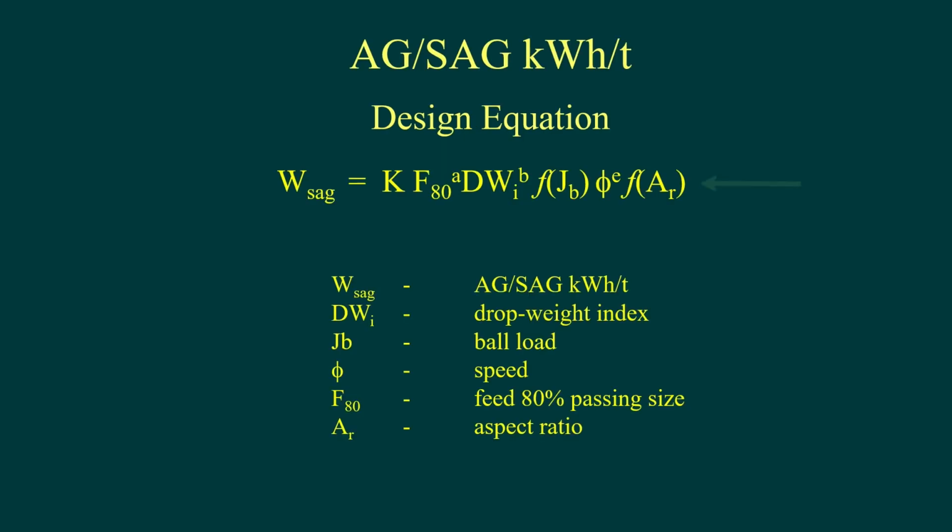This equation here I published, I think, back in 2004, and it's a design equation, and its purpose is to predict the autogenous, semi-autogenous mill specific energy, and it is a function of the feed size, ore hardness, ball load in the mill, speed of the mill, and the design, the aspect ratio of the mill. All these terms here influence the specific energy.